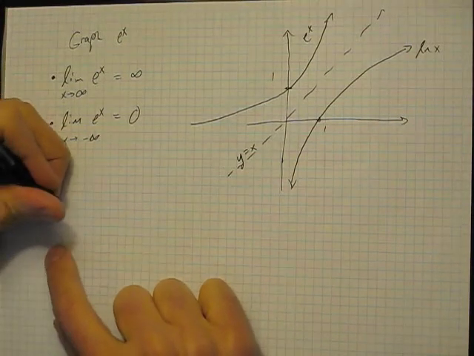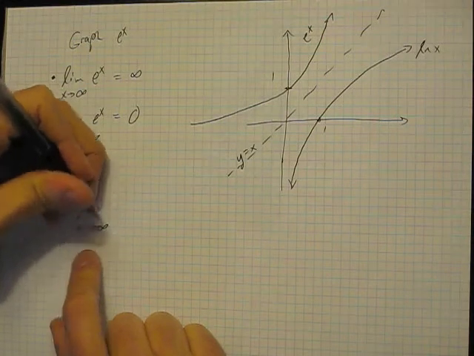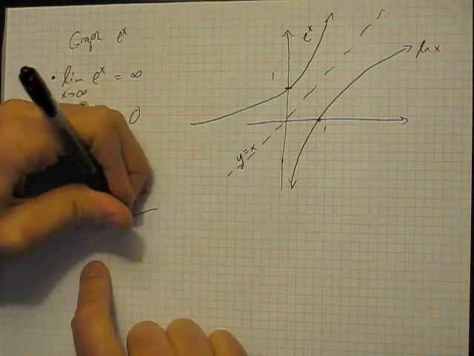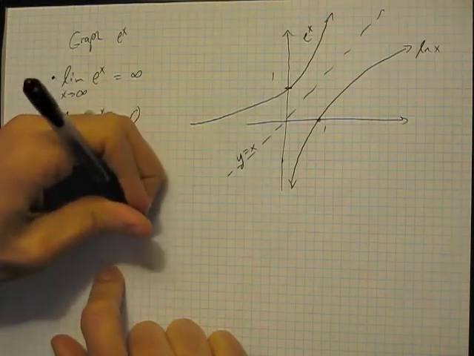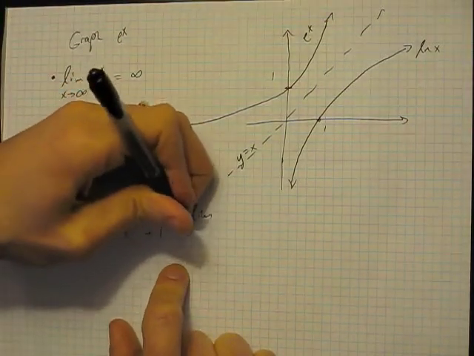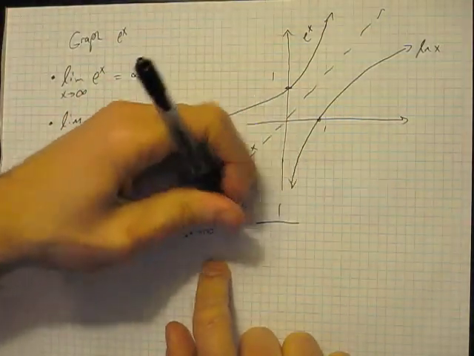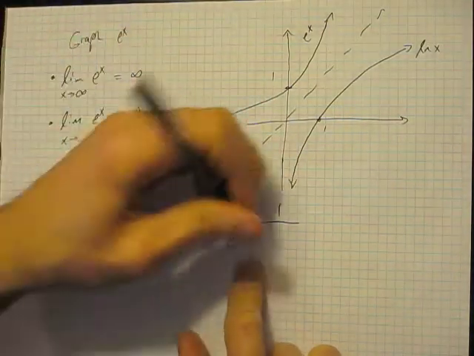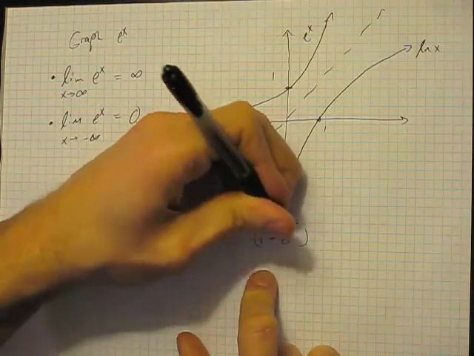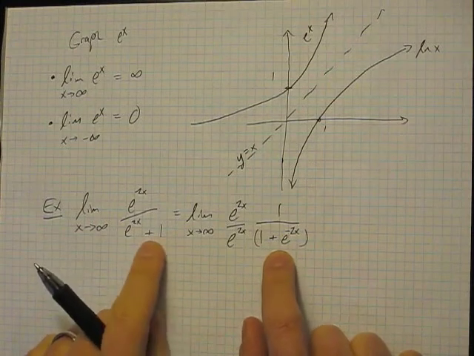Let's do a really quick example. The limit as x goes to infinity of e to the 2x over e to the 2x plus 1. Okay. How do we compute this? Well, the same way we compute limits for polynomials. Factor out the e to the 2x here, and you get 1 over 1 plus e to the minus 2x.